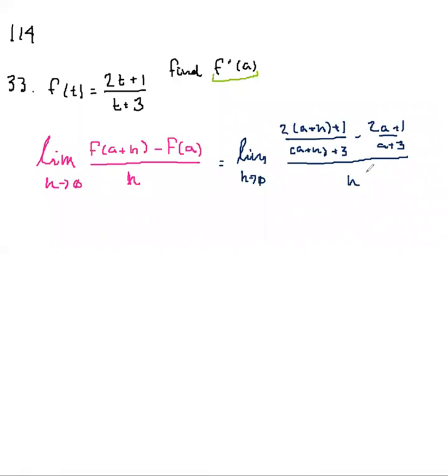So what we can do here is, this is really grody. If we just do 1 over h, and then 1 over h, right? We can do that. So that's essentially multiplying by 1. So 1 over h over 1 over h.